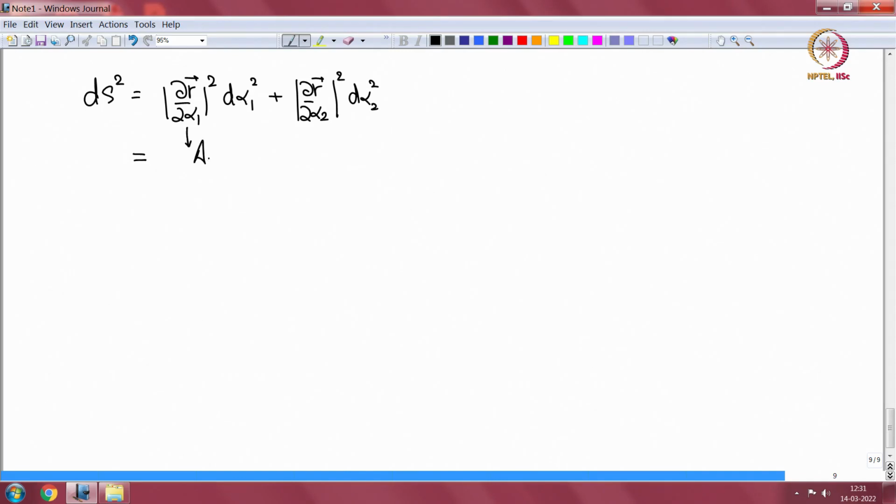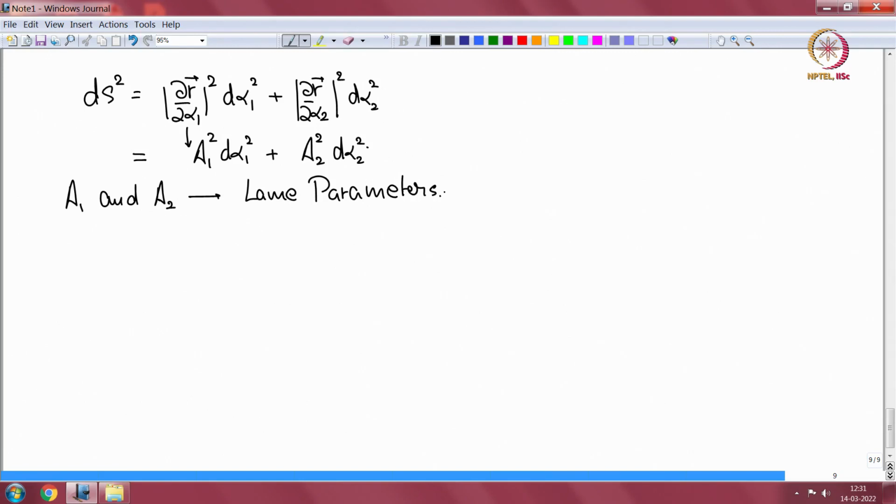We will call them a1 squared d alpha 1 squared plus a2 squared d alpha 2 squared, where a1 and a2 are called the Lamé parameters. Okay. So for orthogonal curvilinear coordinates, this is the first fundamental form.